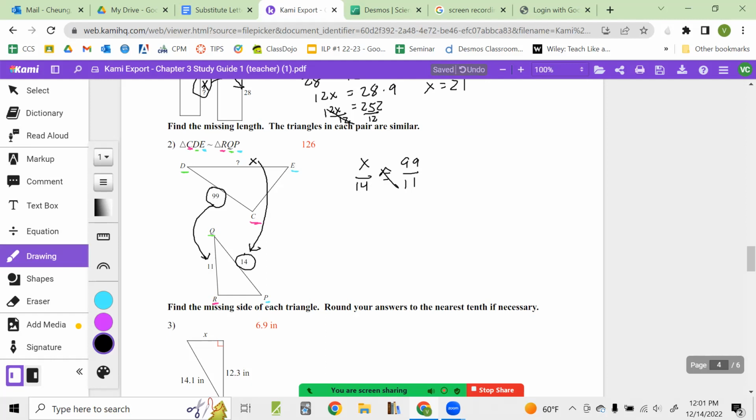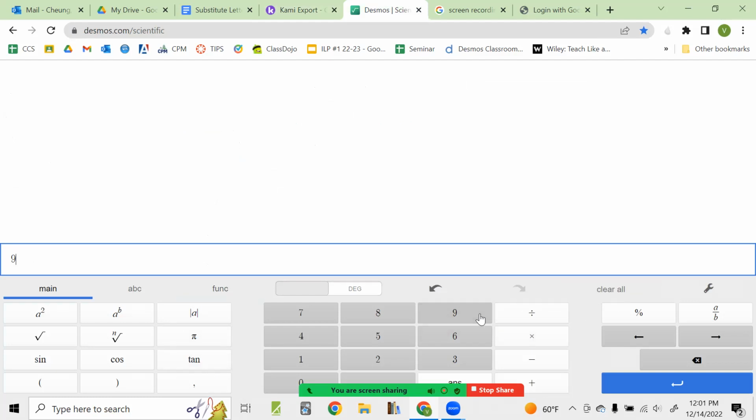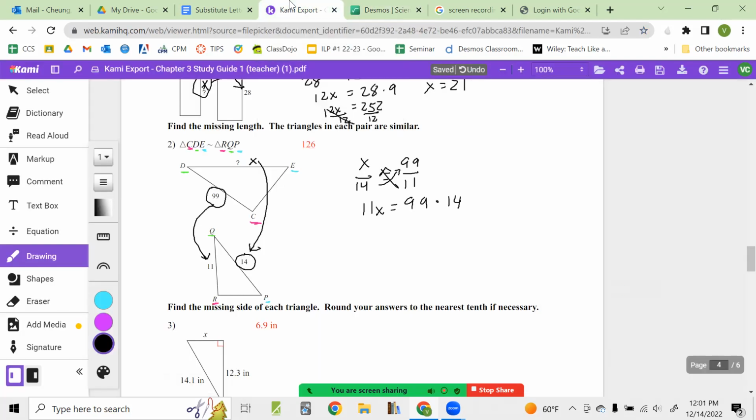We're going to cross multiply. 11x equals 99 times 14. Let's do that. 99 times 14 is 1386. What's next? Divide both sides by 11. Whatever number is next to that letter, right?